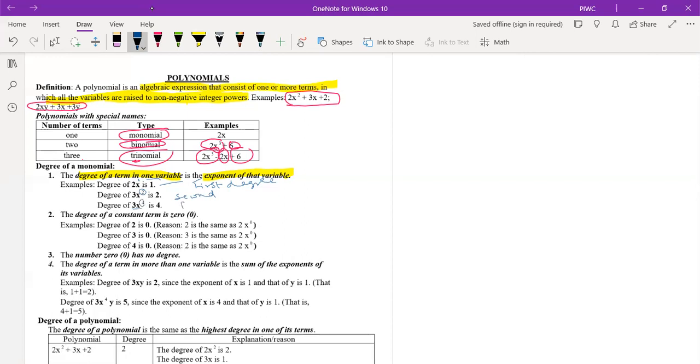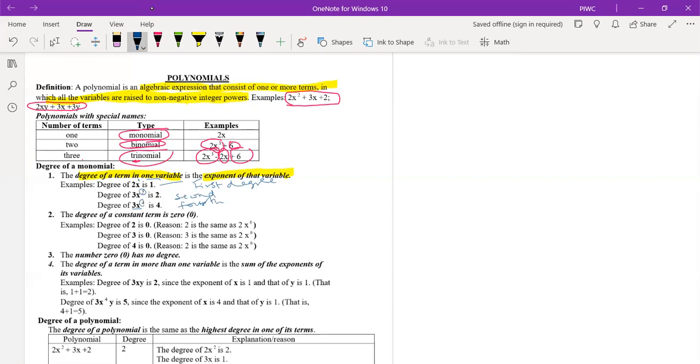So this is a fourth degree polynomial or degree of 4. Okay. So that's how you deal with the degree of a monomial, if you have just one variable.